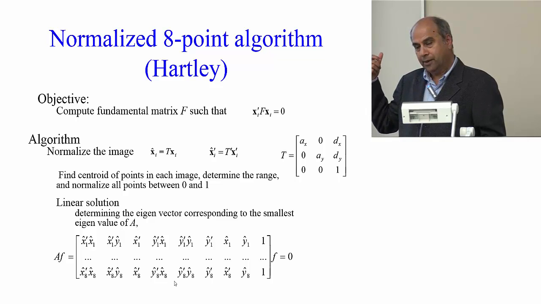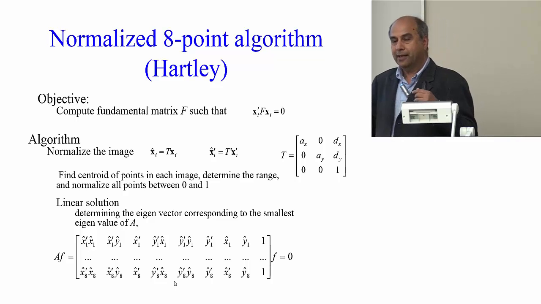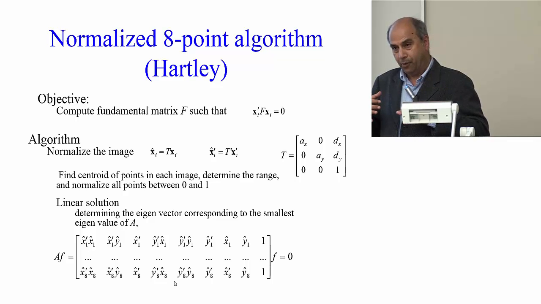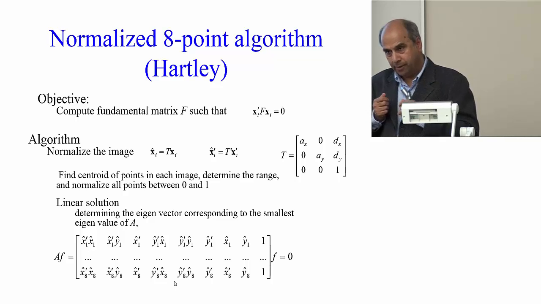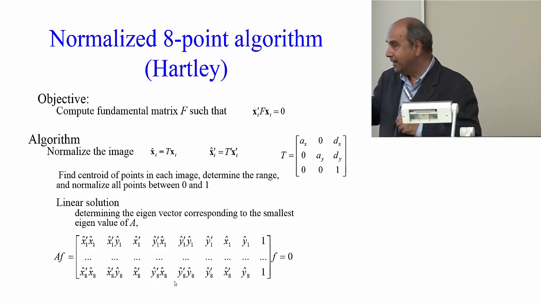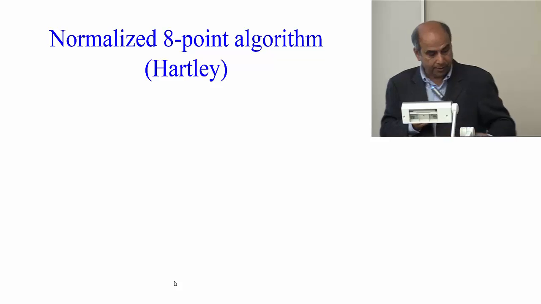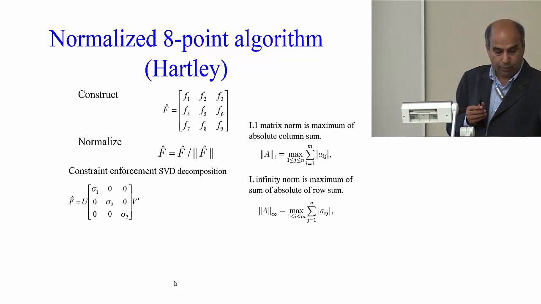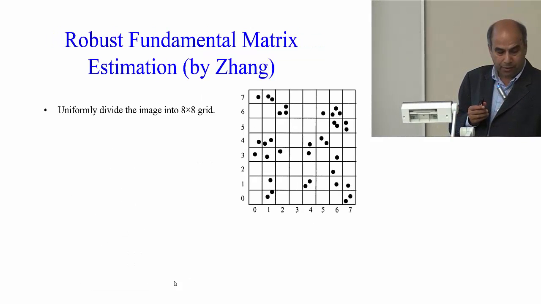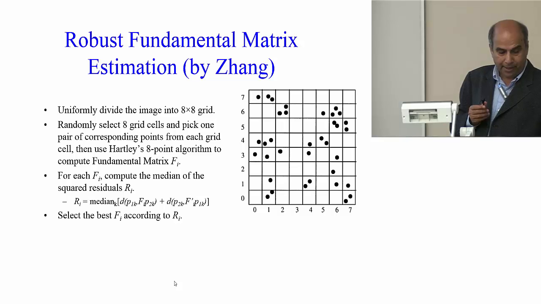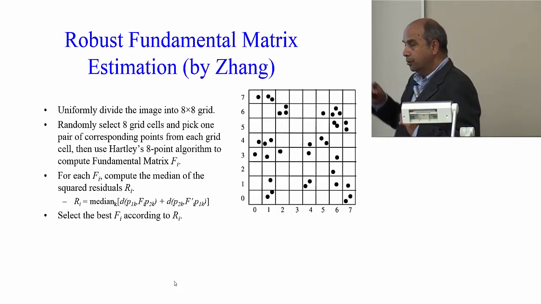So what this method is doing is that it will be robust to those outliers. At a time you select 8 points, and if there are some outliers, wrong correspondences, then the error will be much larger, and that way you will be able to identify those.